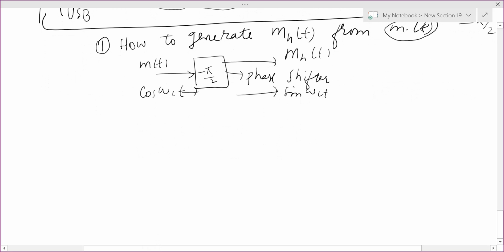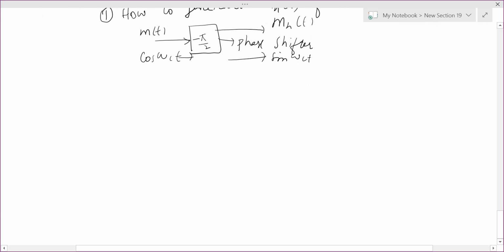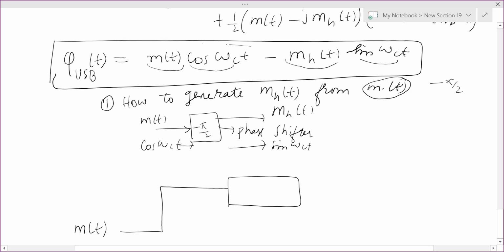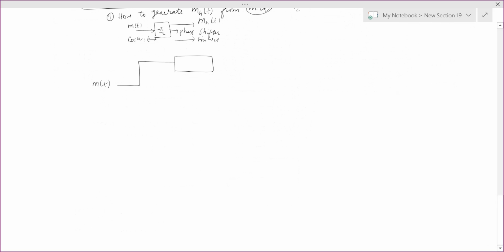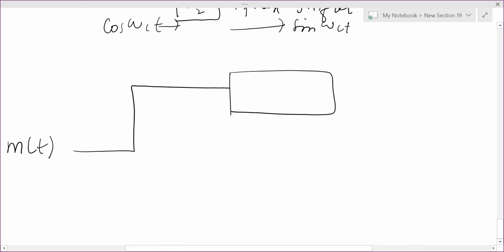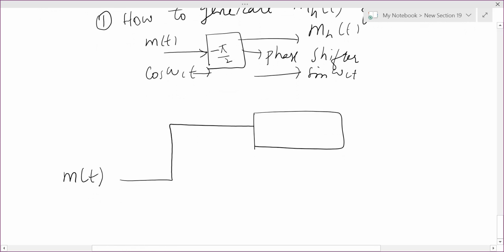Now see how we can generate the DSBSC signal. So m of t, right? If you look at the first part of SSB, this is same as DSBSC. So you need a DSBSC modulator here.